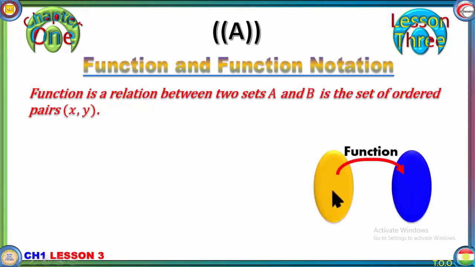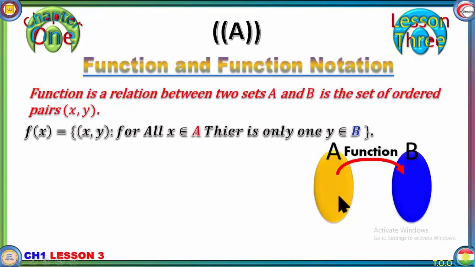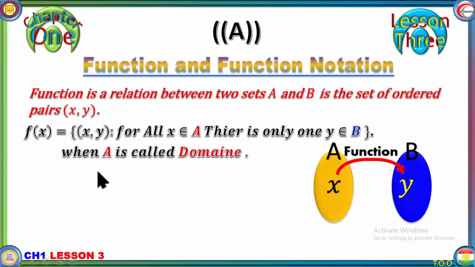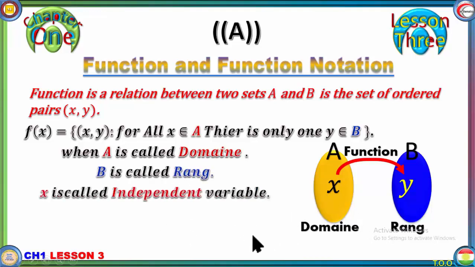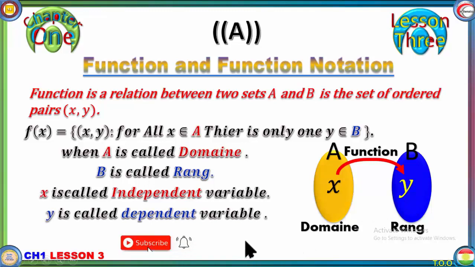The relation between set A and set B is a function if for all x in A there is only one y in B. A is called the domain and B is called the range. x is called the independent variable, y is called the dependent variable.